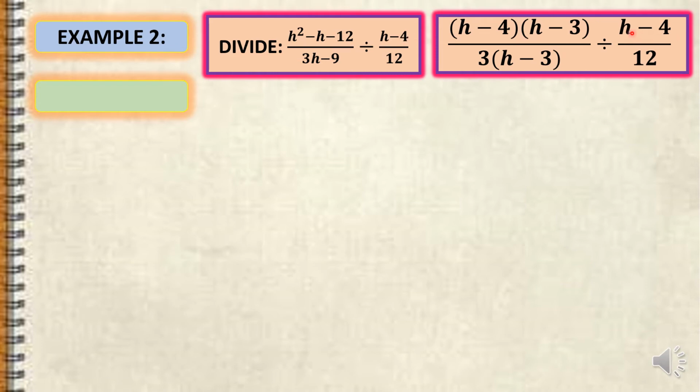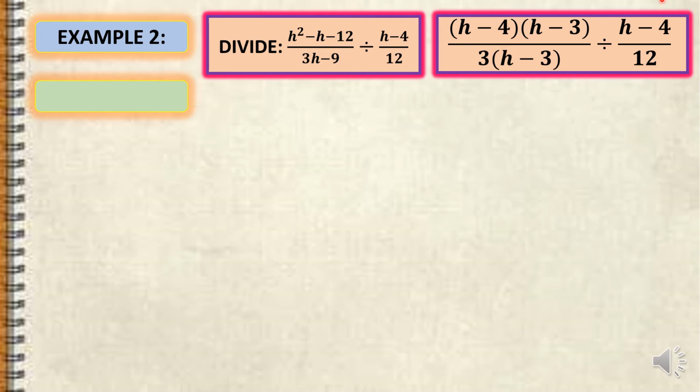You have now h minus 4 over 12. It's very important na kailangan i-double check ninyo kung yung mga given problems natin ay pwedeng i-factor. So i-apply natin ngayon dito yung mga concepts or knowledge ninyo regarding factoring.